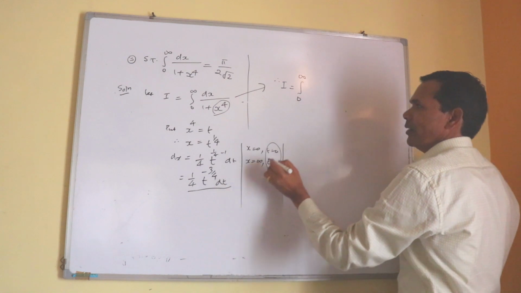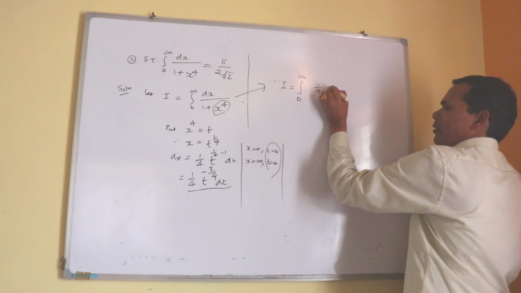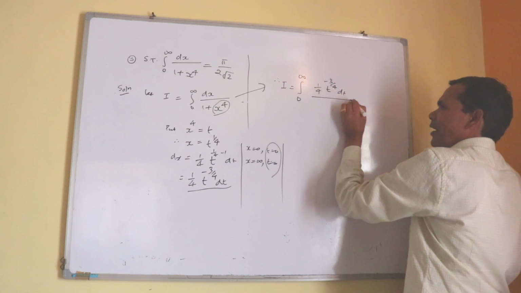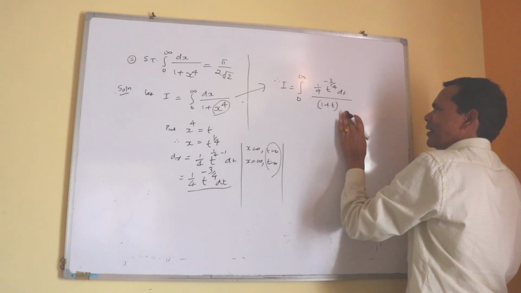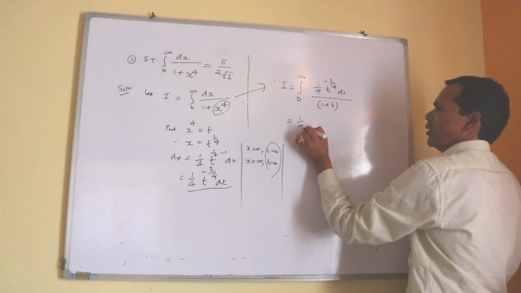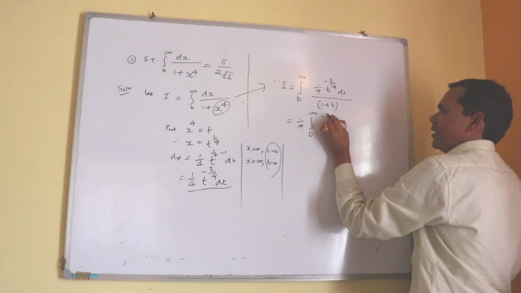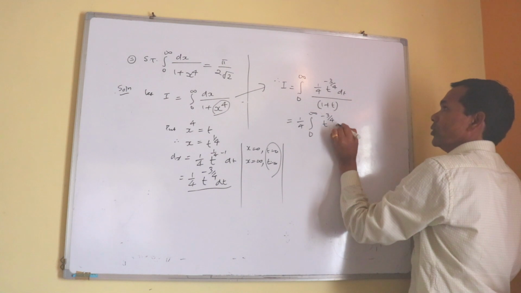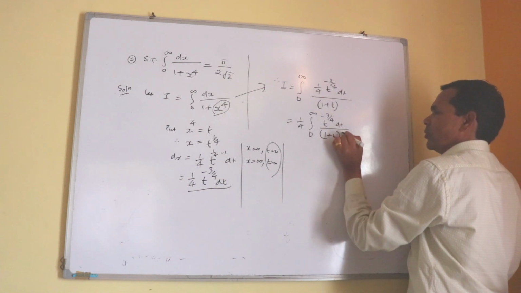I put it from here, it is 1 by 4 t raised to minus 3 by 4 into dt divided by 1 plus t. So you can just simplify this and get the particular form. This is equal to 1 by 4, 0 to infinity t raised to minus 3 by 4 into dt divided by 1 plus t bracket raised to 1.